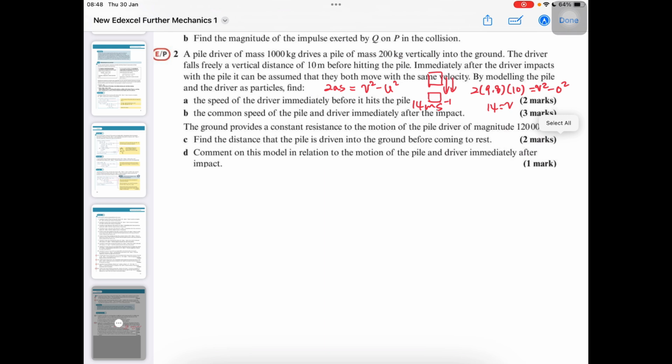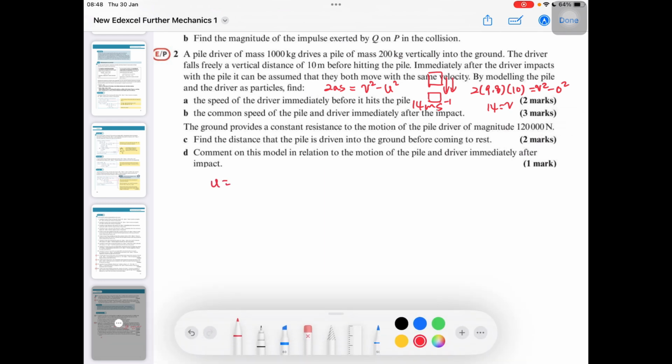What is the initial velocity now? Now u is 14 meters per second. But it is just at the moment of impact, so we can think about the momentum.